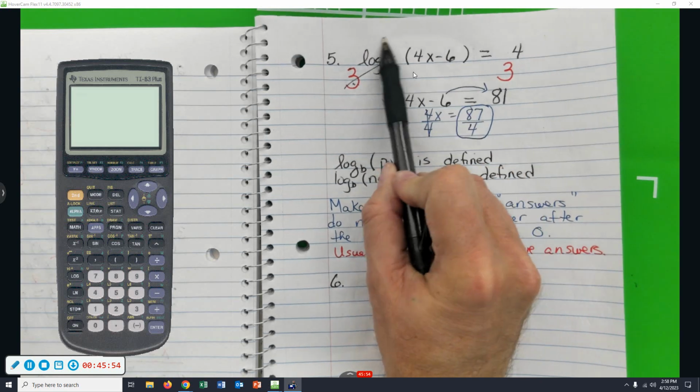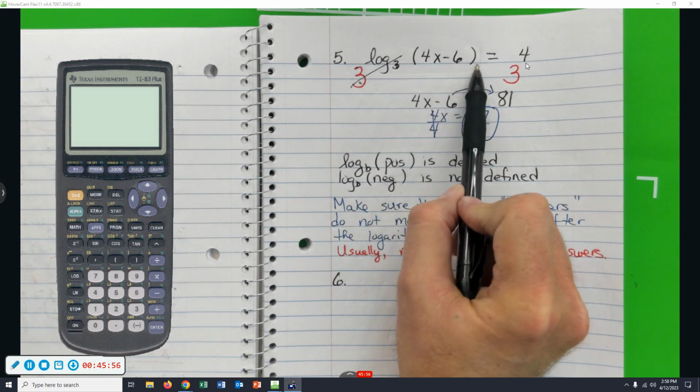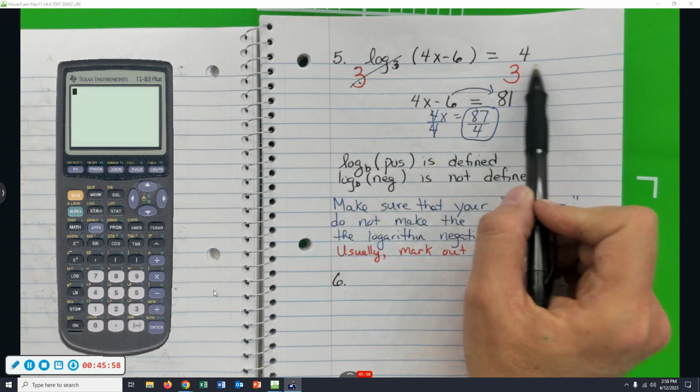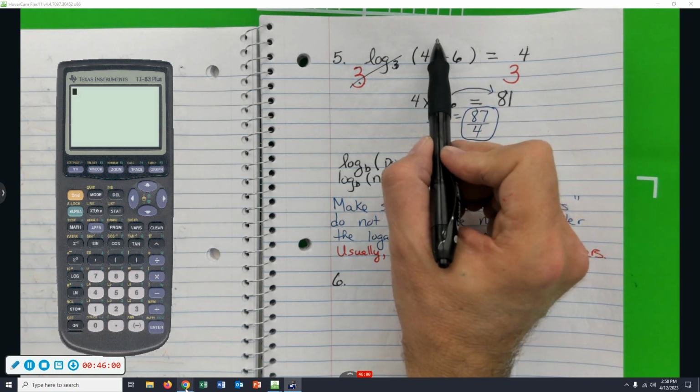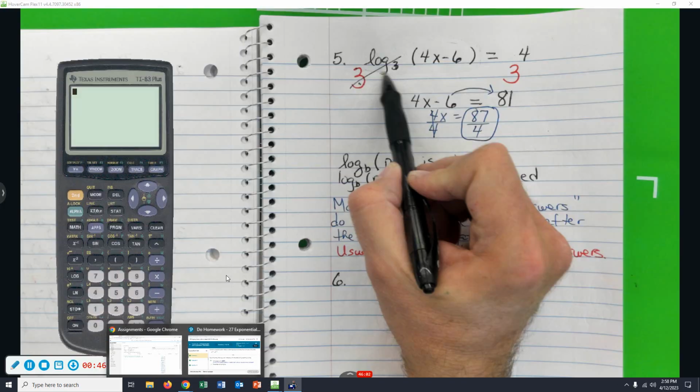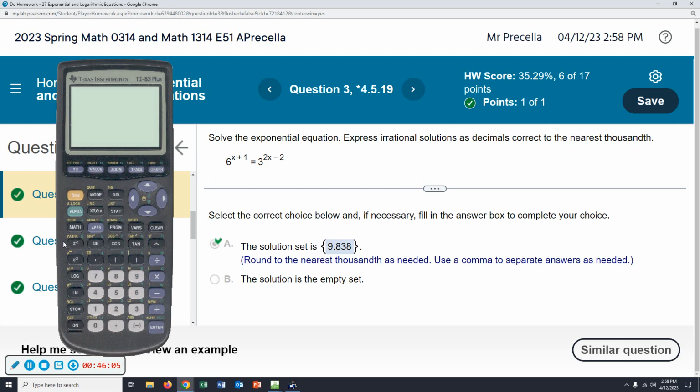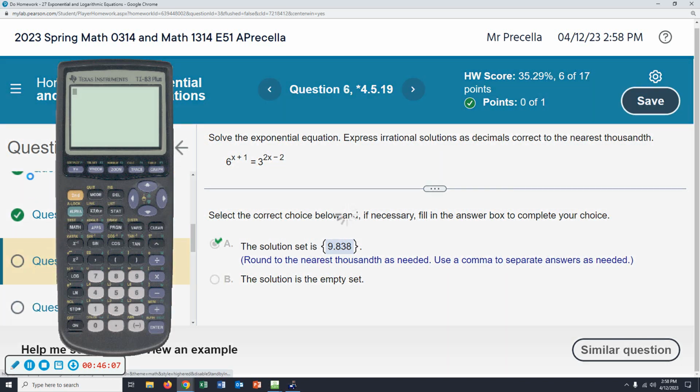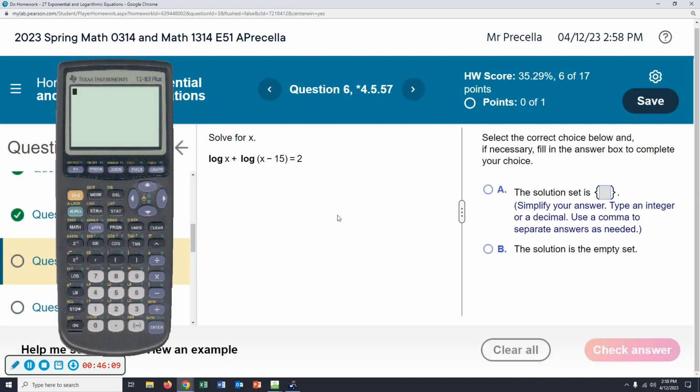You can't have more than one logarithm on the left or one logarithm on the right. We know how to solve it if there's one logarithm on the left and a number on the right. The most basic problem-solving strategy is, when you're confronted with a new problem, try to make it look like the old one. Problem number 6.